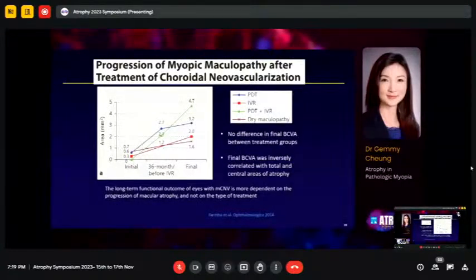So these kind of therapeutic observations do support the hypothesis that to a certain extent, traumatizing the choriocapillaris, in this case particularly with PDT, does aggravate the situation when it comes to development of macular atrophy.